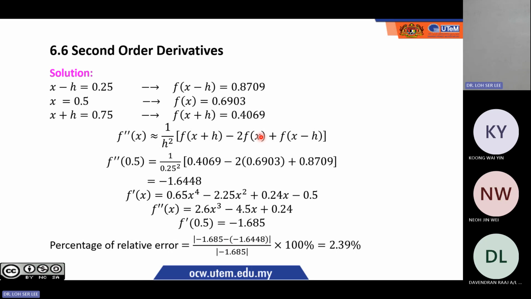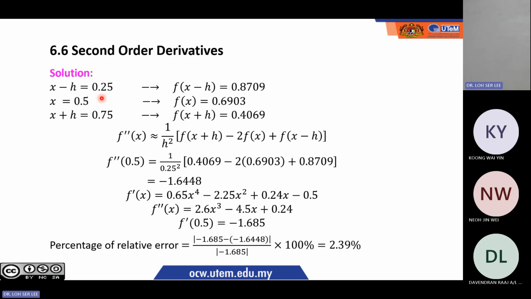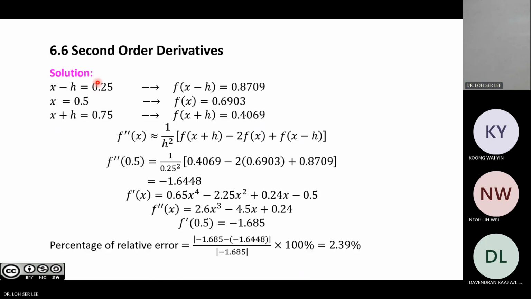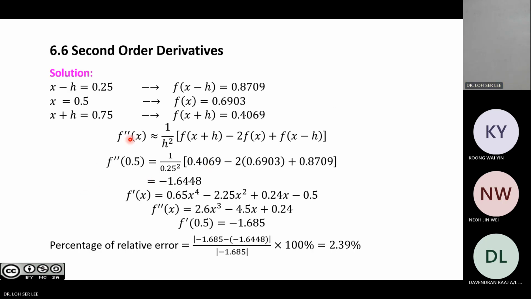Our current x is 0.5, the one we need to estimate. One point before will be 0.25, because h is 0.25, and one point after is 0.75.